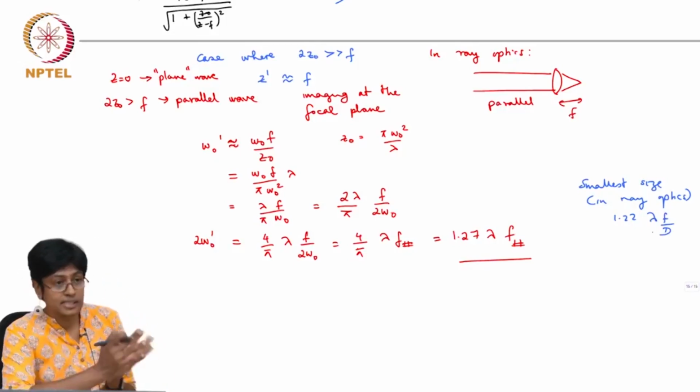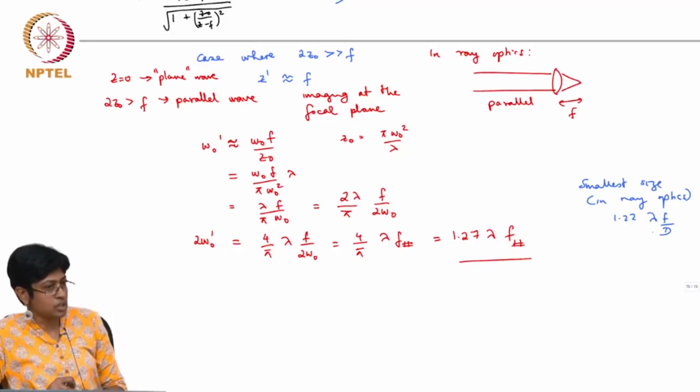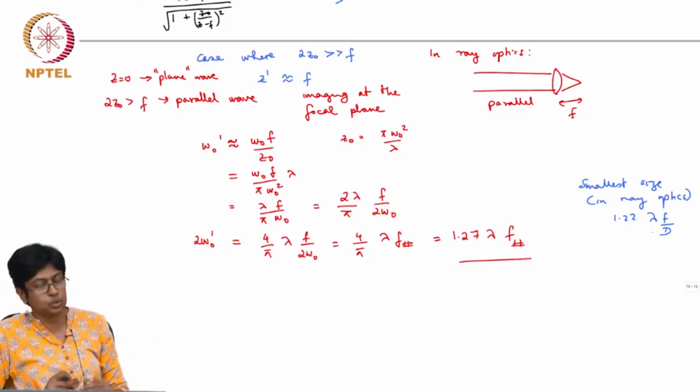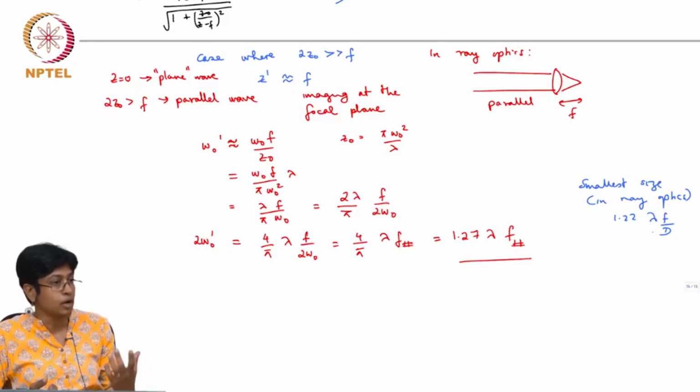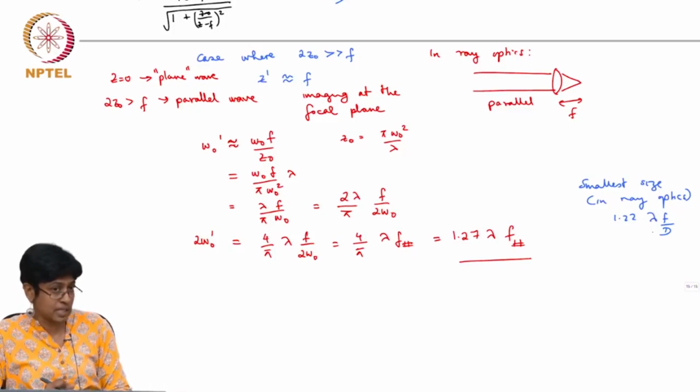So some books will tell you the smallest spot size is 1.22 lambda f by d, and some books will say it's 1.27 lambda f by d. And again, this difference arises depending upon whether the conditions are set up for ray optics or for Gaussian beams. And you now know where this 1.27 is coming from for the Gaussian beam. But it's very similar.